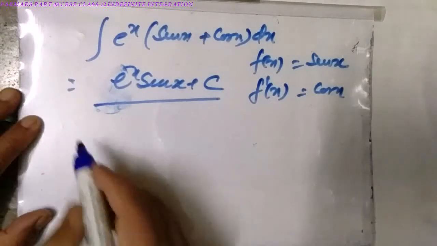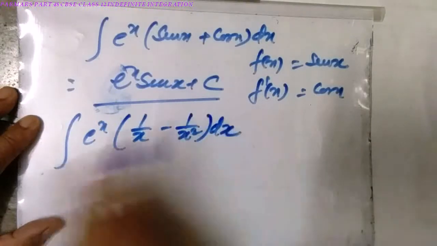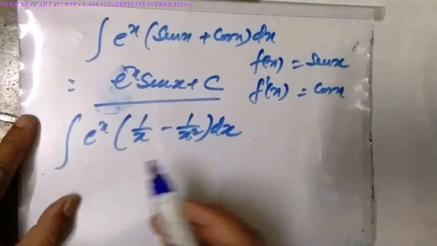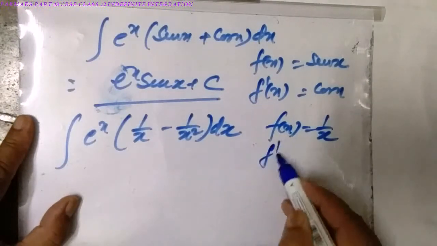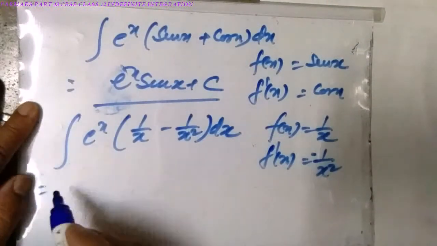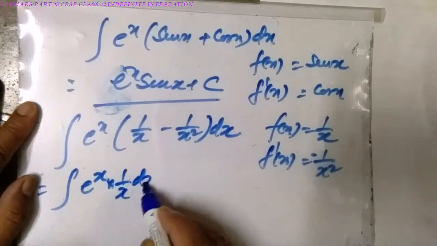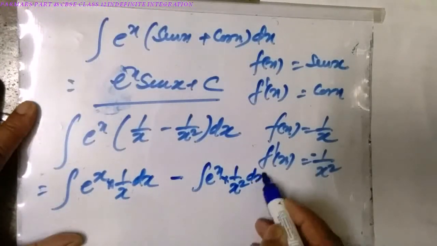Okay, just I am taking e^x (1/x - 1/x^2) dx. Now I want to explain how this will be done, okay. So again if you observe that 1/x is f(x), then certainly its derivative is nothing but -1/x^2. So my advice, take this to be integrated and this one just carry forward.